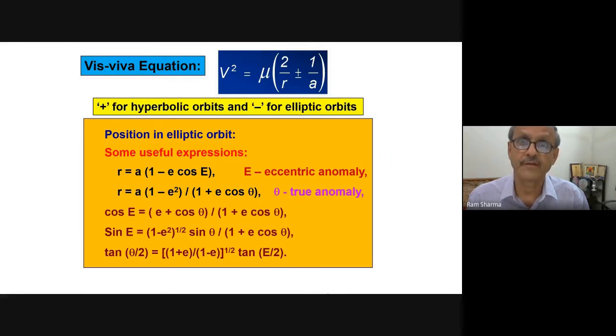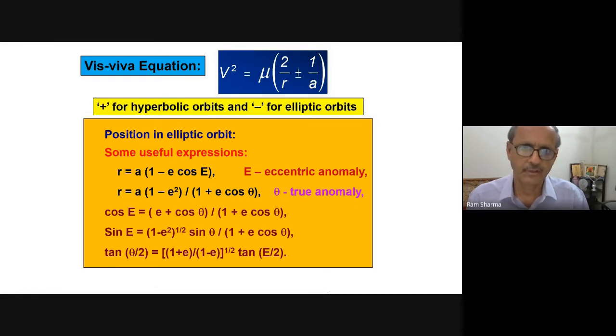This is a very fundamental equation where velocity is related to the radial distance and A. The plus sign is for hyperbolic orbits and the minus sign is for elliptic orbits, and mu is the gravitational constant. For an Earth satellite we use the value of mu for Earth, 398600 kilometer cube by second square.